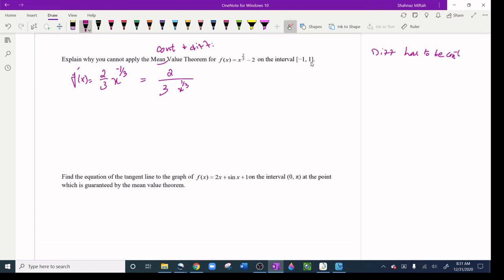So since f prime of x is undefined at x equals 0, which is on -1 to 1, f of x is not differentiable, so the mean value theorem is not applicable.